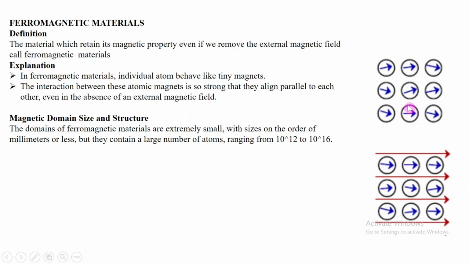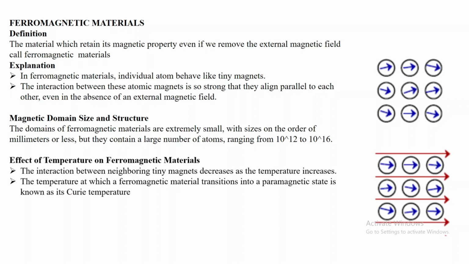Inside each domain, as we have discussed, the atoms are arranged in a regular pattern, so the atomic magnets will support each other in that particular arrangement. Therefore it will have some overall magnetic field. So the magnetic field of each domain will support each other in such a way that if we remove the external magnetic field, the material will still be magnetized. We call that sort of material a ferromagnetic material. Their domain is small, but it consists of a large number of atoms.